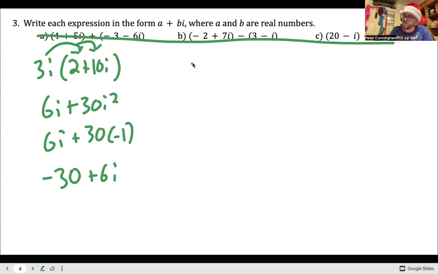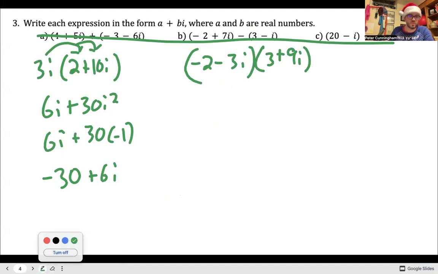The next one, negative 2 minus 3i. All right, I need to worry less about room and just do this stuff right. And I will make more room when I need to. See, I'm talking myself through it. Let's get a different color though, so this stuff doesn't blend. All right, good old-fashioned box method.